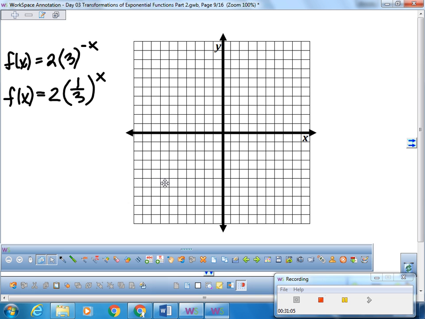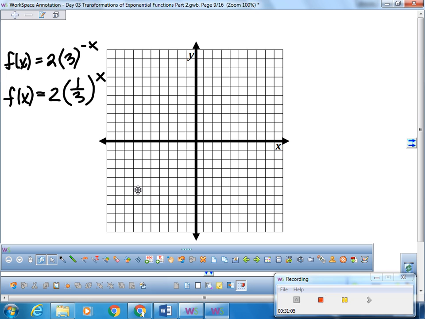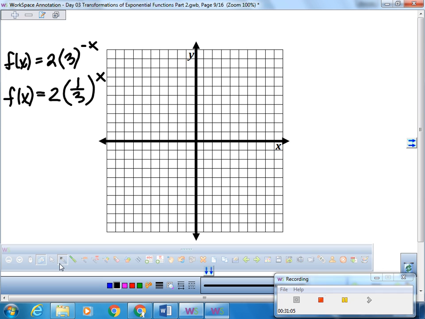So I'm going to graph this one really quick. When I graph this, I don't have any horizontal or any vertical shift, right? So normally I would go 0, 1, but I'm going to do 2 times that, so it's going to be up 2.